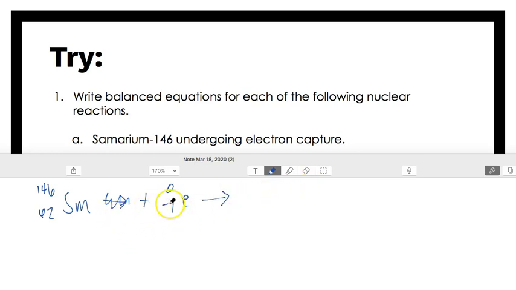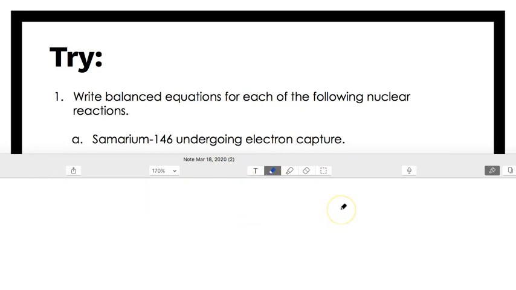And because it's going to neutralize a proton, we're going to get rid of one. 61, 146. And if you look at the periodic table, the new element that forms is going to be PM. Okay, PM. So that is electron capture for that one.